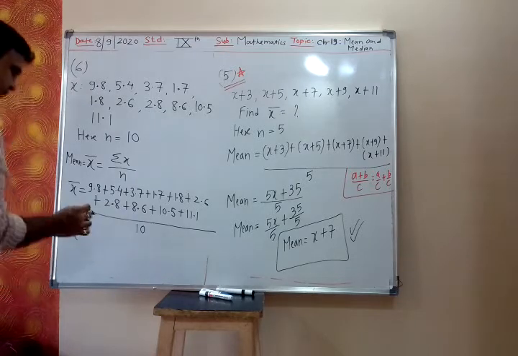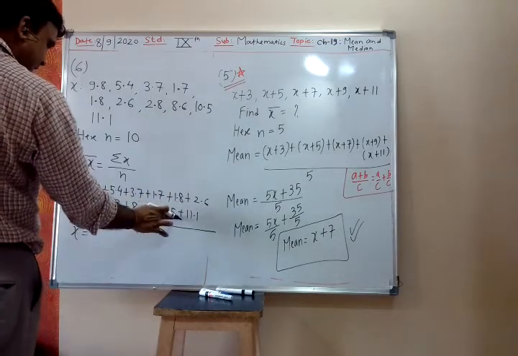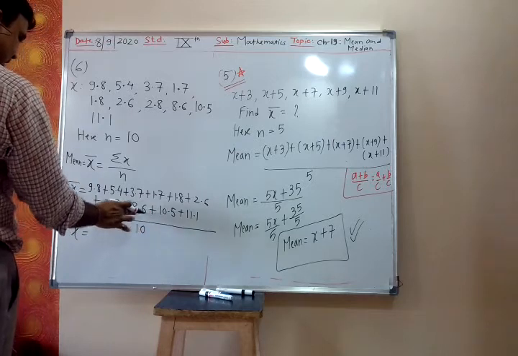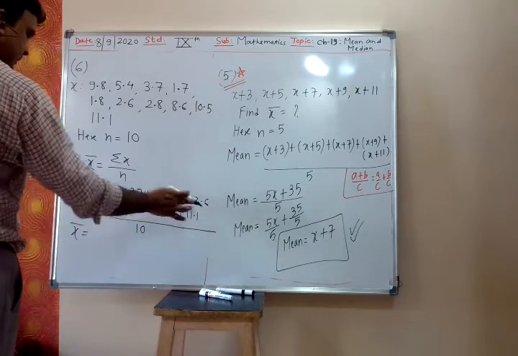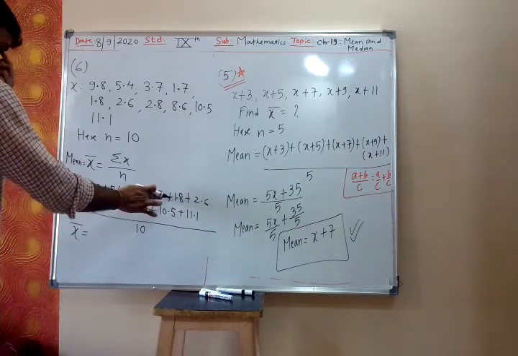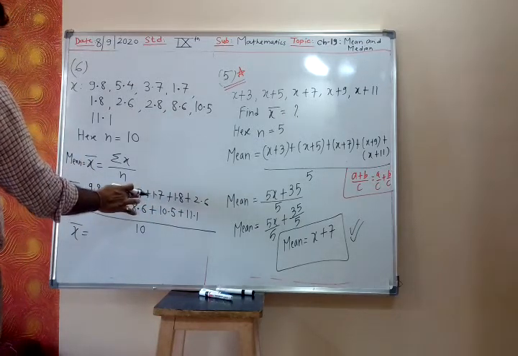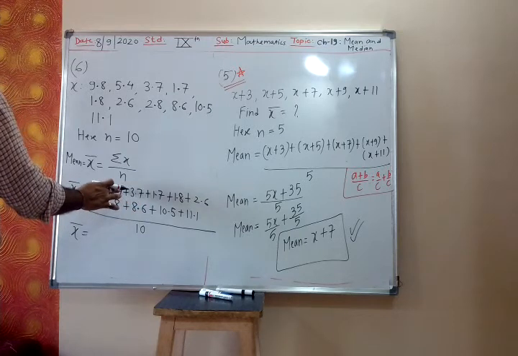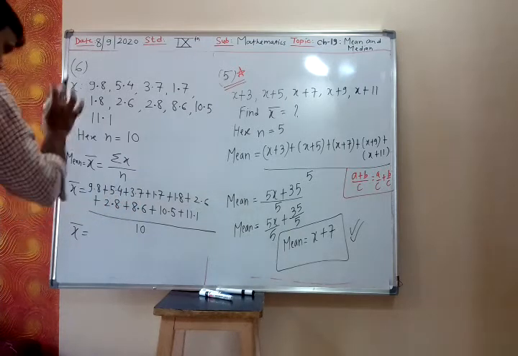Let me check it. Adding the decimal digits: 1 plus 5 is 6, plus 6 is 12, plus 8 is 20, plus 6 is 26, plus 8 is 34, plus 7 is 41, plus 7 is 48, plus 4 is 52, plus 8 is 60.